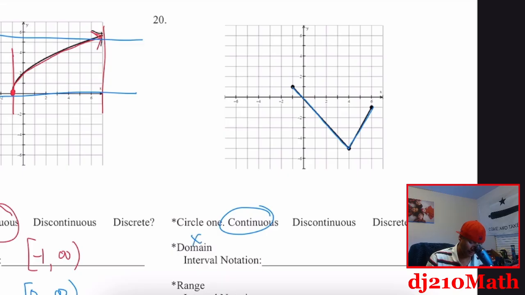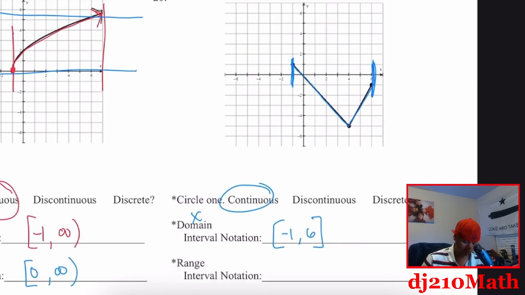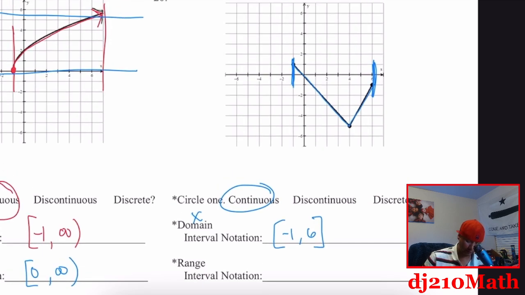The domain, we look at the most left and most right. So -1 to 6. We don't care about the middle because there was no break. So -1 up to 6, bracket, right? Because they're both closed circles. And then the range, again, the most bottom, what's the smallest, and then the most top.